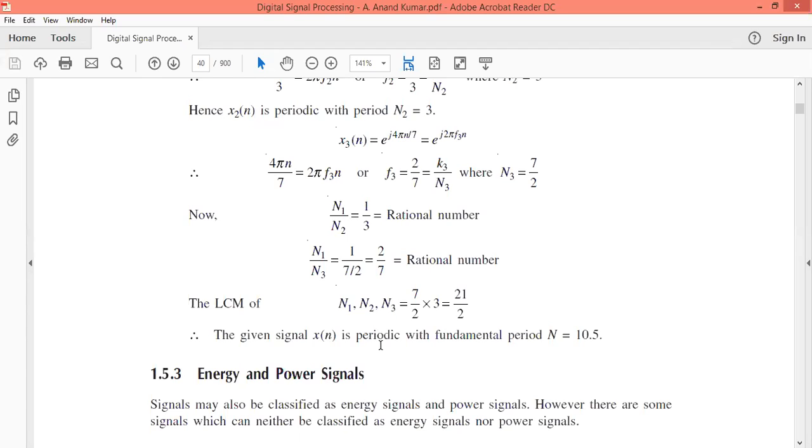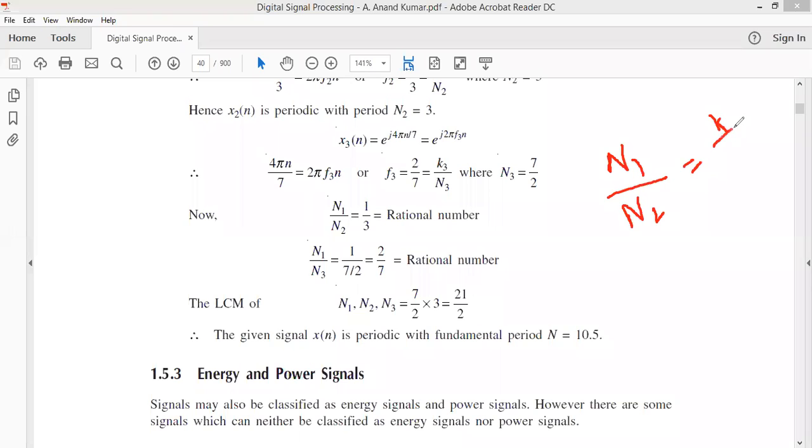So it is a rational number, so it is a periodic signal. Then to find the period, since we have more than two signals, we need a different approach. If you have only two signals, say n1 and n2, and n1 by n2 is some k by m, a ratio of two integers, we just cross multiply and find the period.